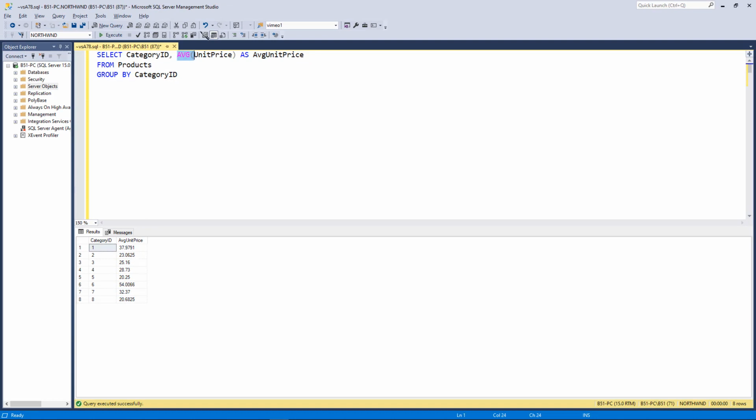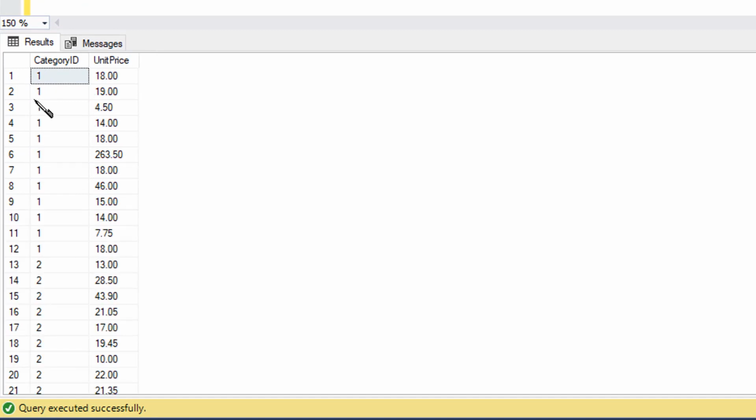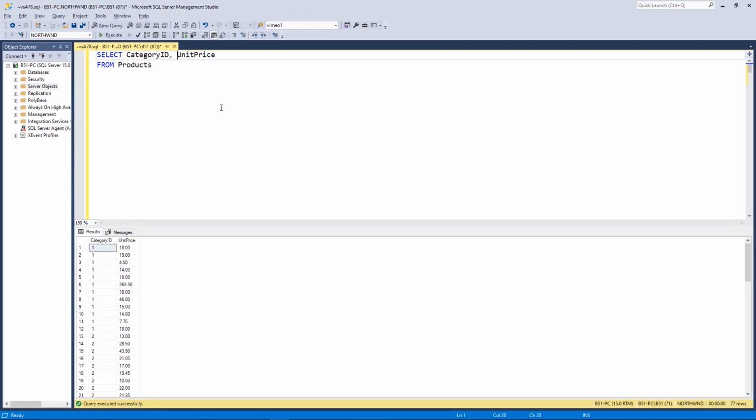Let's show another example. If I remove the average and the group by and run this, now I want to count the rows. We have 12 rows of category 1. We want to count it. So I'll do an aggregate field with count, and let's call it count unit price.